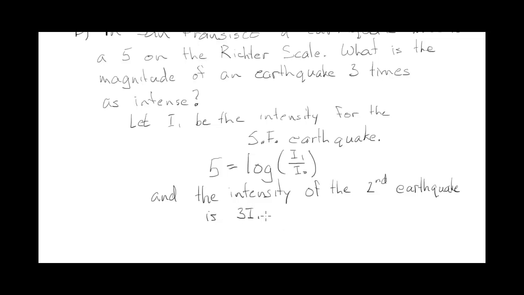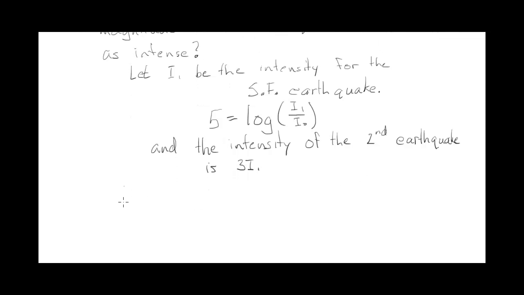So we want to get the Richter scale measurement, let's call it m2, which would be the log of 3 I1 over I naught, because I've just substituted in the intensity.